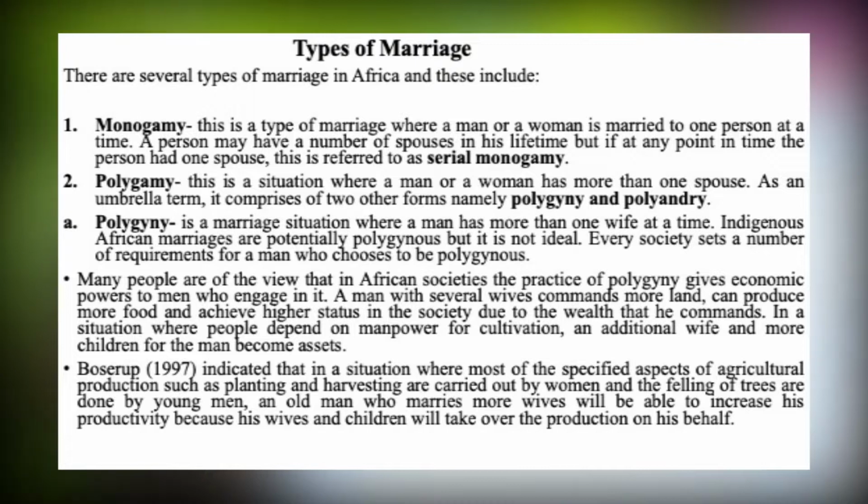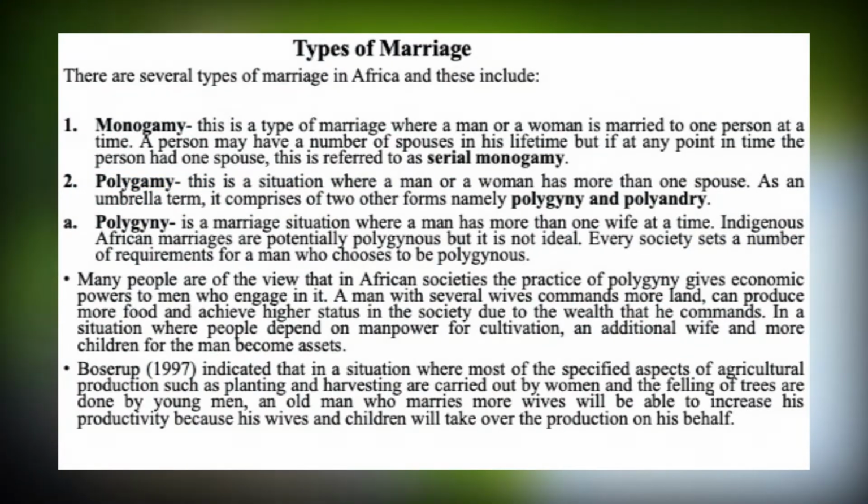So in this marriage, there is only one man and one woman at a particular point in time. In monogamy, it is one man, one wife.